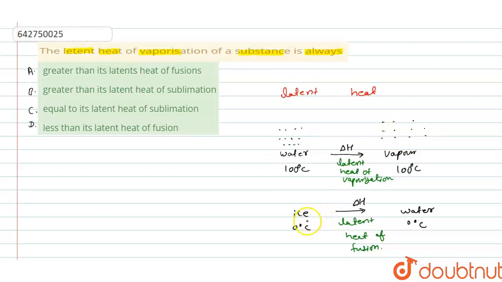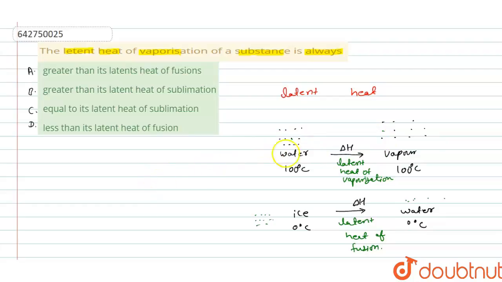In a similar case, within ice, water molecules are arranged like this, and in water the molecules are like this. In case of water, molecules are not much farther apart as compared to ice, but in case of vapor, they are far away as compared to water.